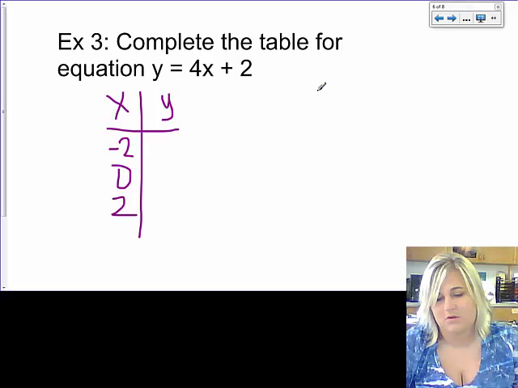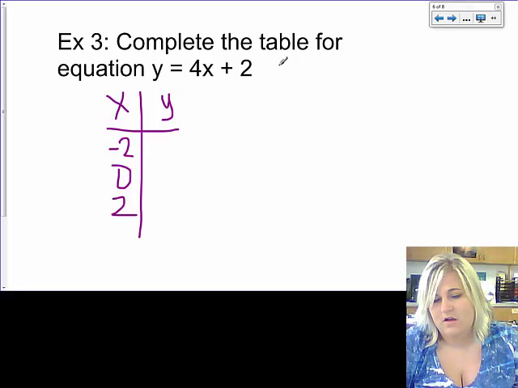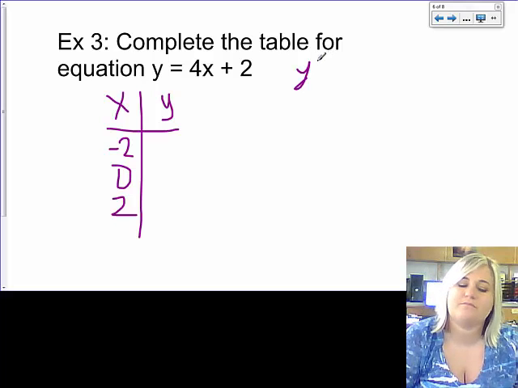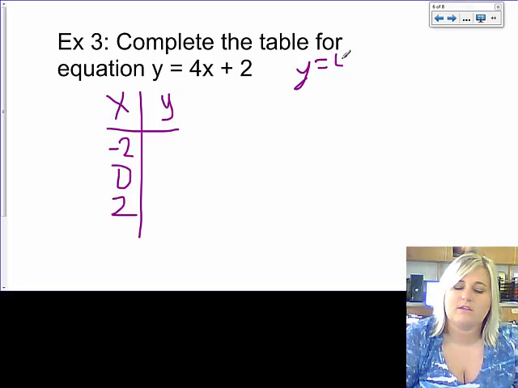So if I plug in -2 for x, which is what it wants me to do, I have y equals 4, and instead of x, I'm going to put that -2. Remember, when we substitute for a variable, we always use parentheses.